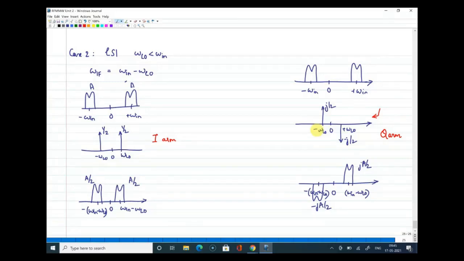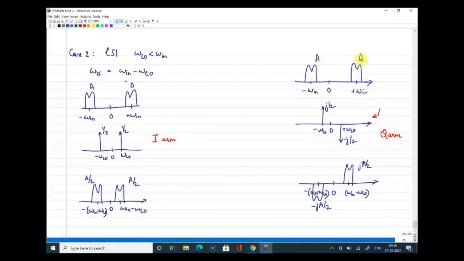Since it is reversed, the first signal coming in is minus omega LO. When it runs through both my signals at minus omega in and plus omega in, that will give you a plus j A by 2 component. I hope that is clear.